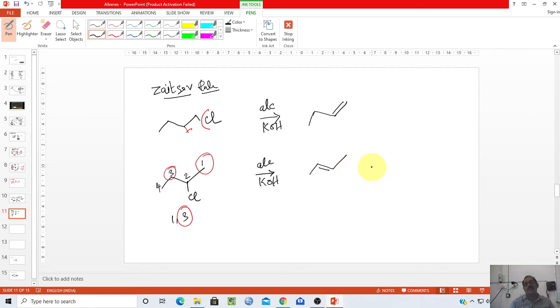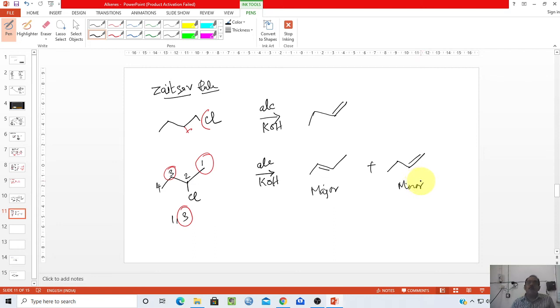This is the major one and this is the minor one. 2-butene is the major product, and 1-butene is the minor product, as previously.